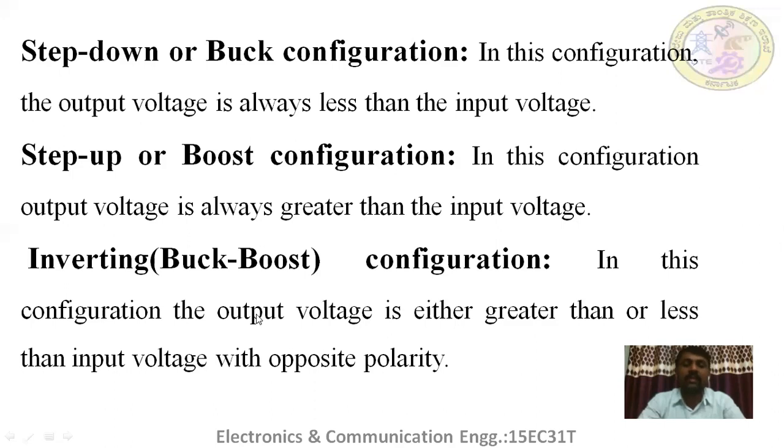Opposite polarity means if the input is positive, the output is negative. If the input is negative, the output is positive. Therefore, this is called inverting because it supports both step down and step up. This is also called a buck boost voltage regulator.